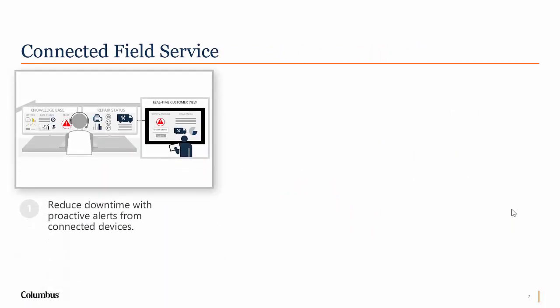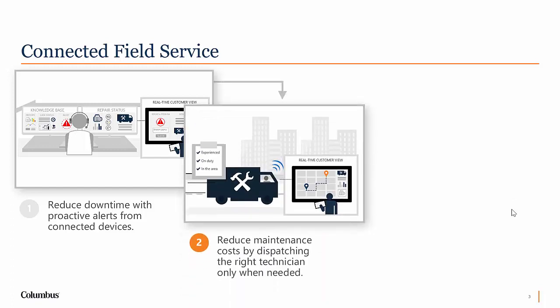So if you look at Connected Field Service, just to look at the series of the 3 webinars that we've done, the first part of this is to be able to reduce downtime, getting alerts from the connected devices, and then being able to create the case and then to create the work order automatically from this IoT alert that you get.